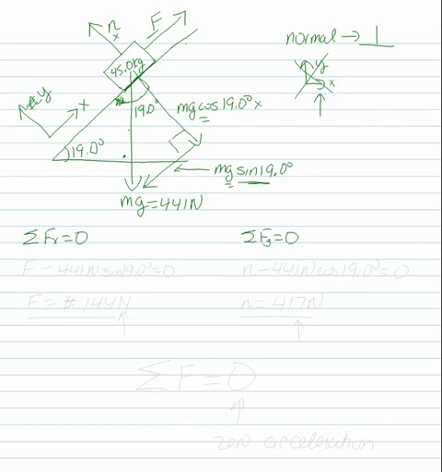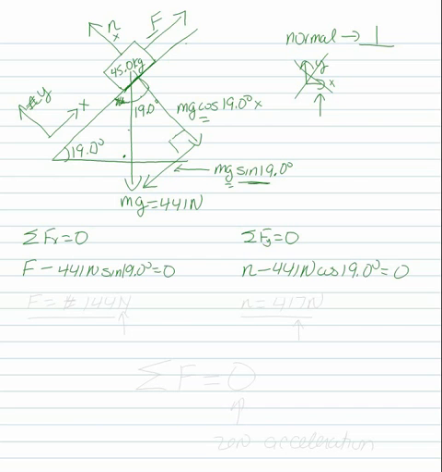So with our x equation, F minus 441 newtons sine 19 degrees equals 0. Our y equation, N minus 441 newtons cos 19 degrees equals 0. So you have to be very, very careful when you resolve into components.